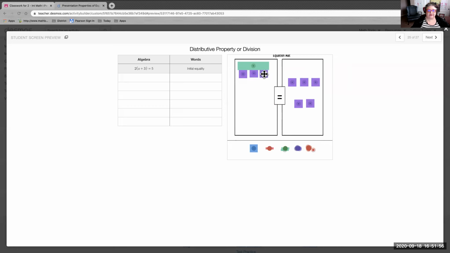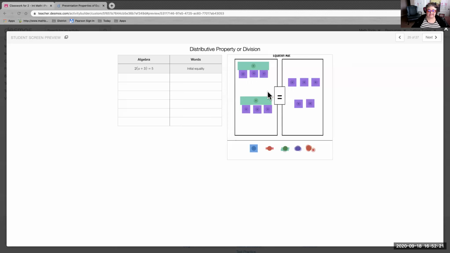Okay, there we go. I have x plus 3, and then it says I have 2 of them. But notice I only have one x plus 3, so let me put the other x plus 3 in there. Okay, so I see how these are the same.